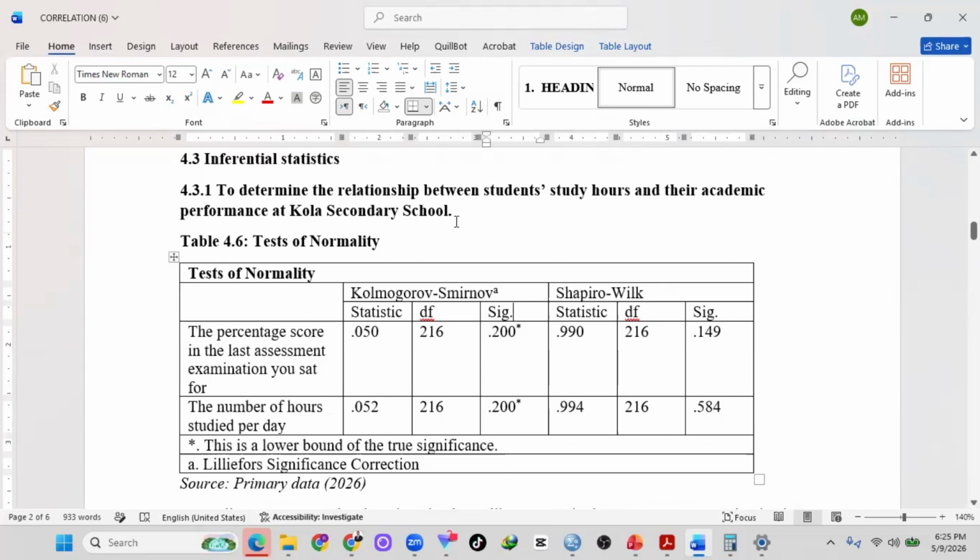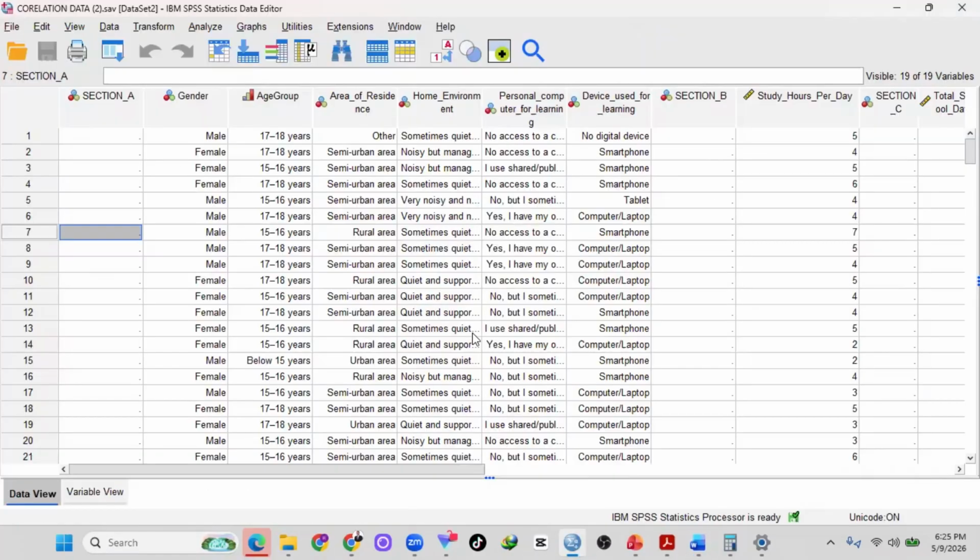So we are determining the relationship between the students' study hours and their academic performance. We both know how the study hours and the academic performance have been measured. I have attached this data set in the lesson materials, so please open it and follow through.